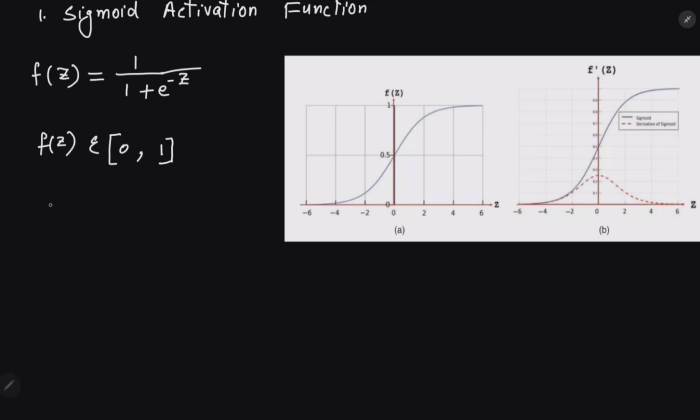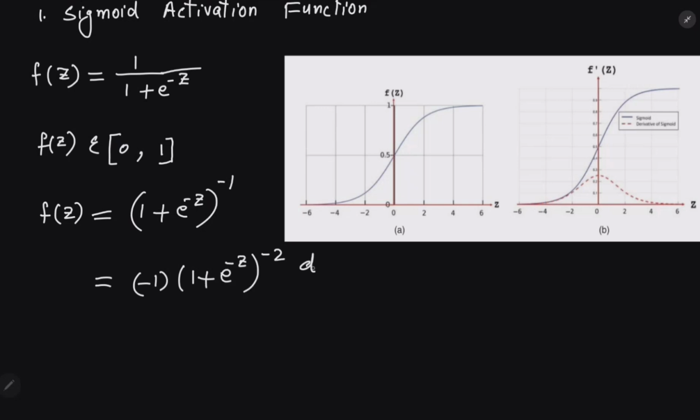If you take a derivative of this, you can get, for example, 1 plus e raised to power minus z, raised to power minus 1. So you get minus 1, 1 plus e raised to power minus z, raised to power minus 2, then take a derivative of 1 plus e raised to power minus z.